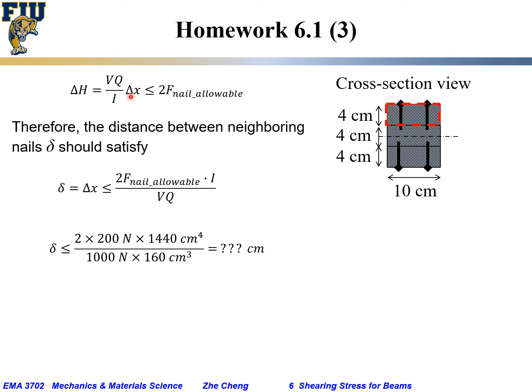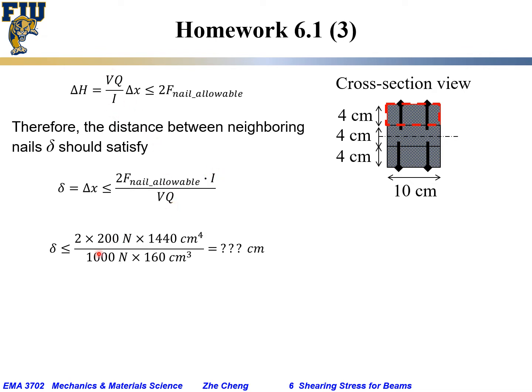I is moment of inertia for the entire normal cross-section, and we said it should be smaller than 2 times the allowable shearing force for each of the nail. Therefore, the distance between neighboring nail delta should just be the delta X here, and it should be equal to or smaller than 2 times F nail times I moment of inertia divided by VQ.